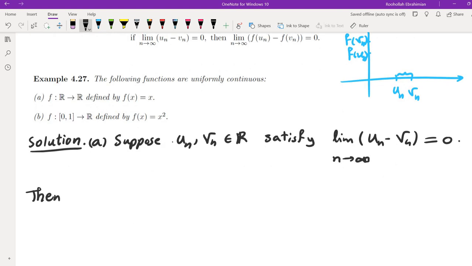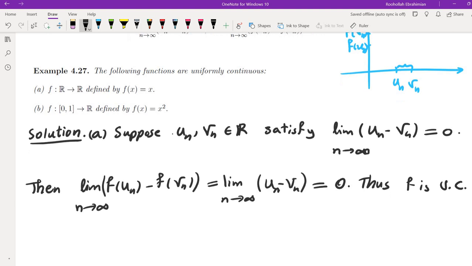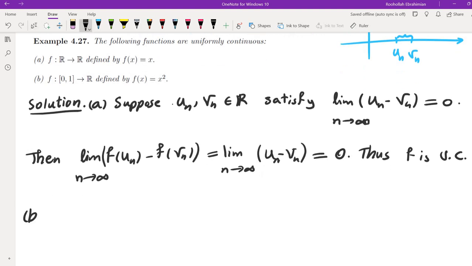Then the limit of f of un minus f of vn as n approaches infinity is equal to the limit as n approaches infinity of un minus vn. f of un is un, f of vn is vn, and of course this is 0. Thus f is uniformly continuous. So that's the first part of the example.